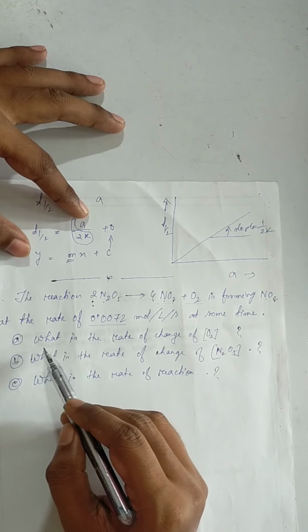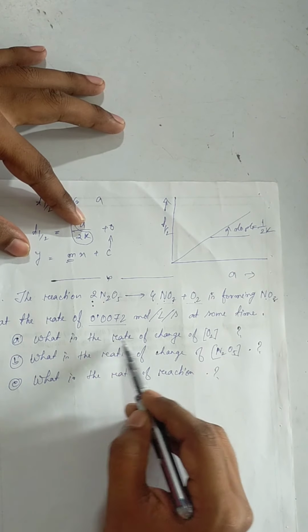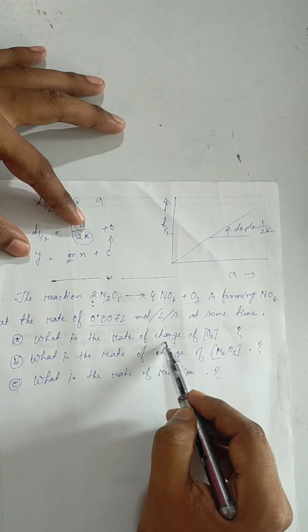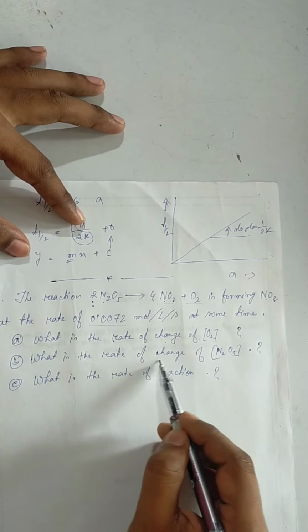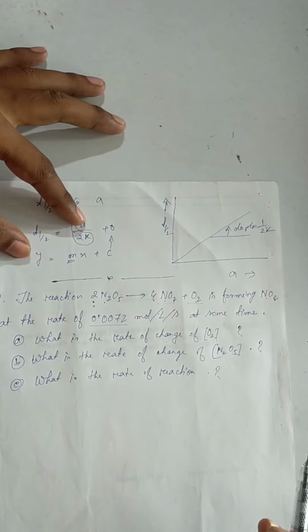So we are going to evaluate what is the rate of change of O2, what is the rate of change of N2O5, and what is the rate of the reaction.